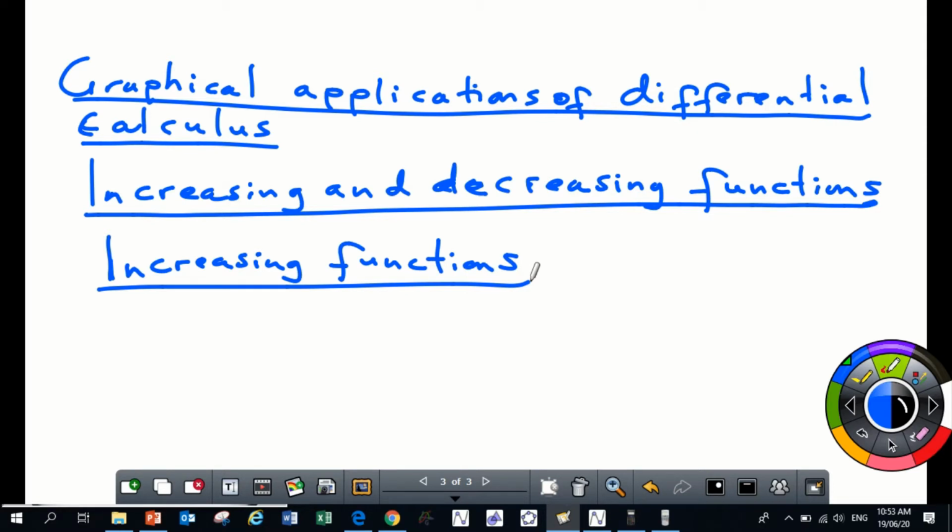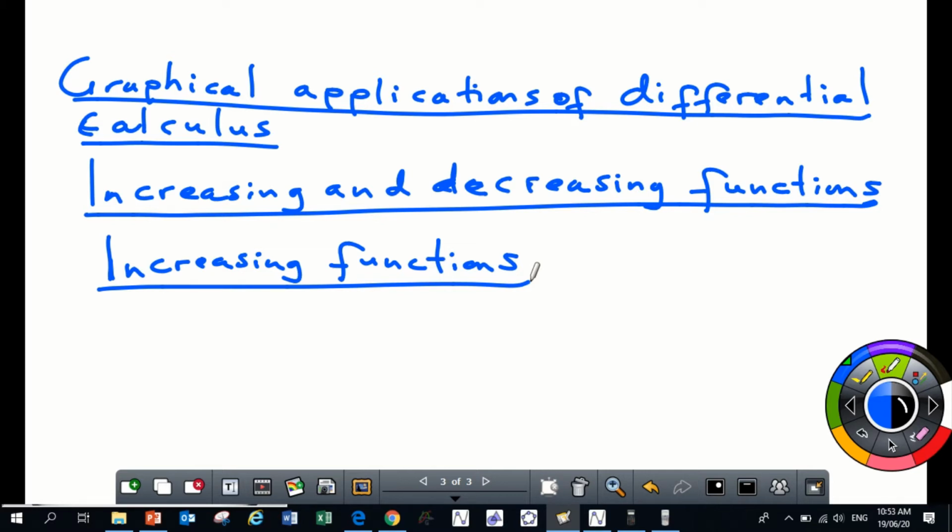Remember that from grade 10 when you were taught interval notation, set notation, and all this stuff. So if you've got an interval AB such that within that interval, if you draw a tangent and the gradient is greater than 0, then we say the function is strictly increasing within that interval.